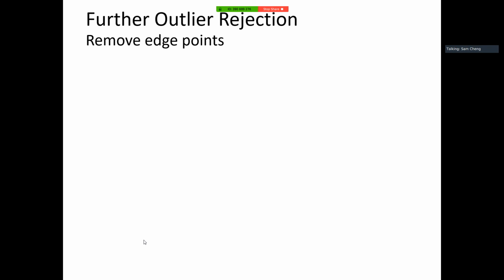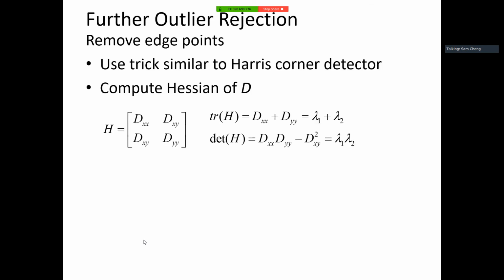And because we are using DoG, it's not like the corner-ness function we considered last time. It actually does not distinguish whether it's a corner or an edge. So in this case, we need to explicitly remove edges as well. So we do something similar to the Harris corner detector.